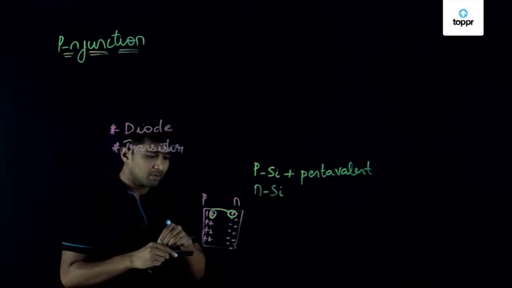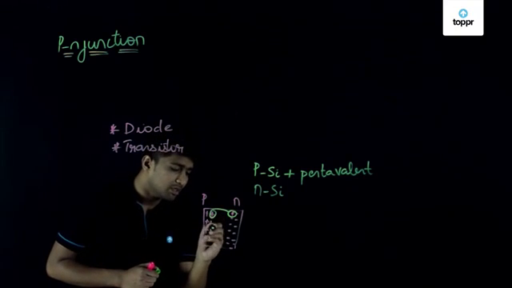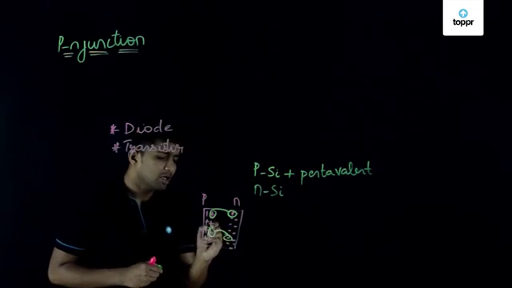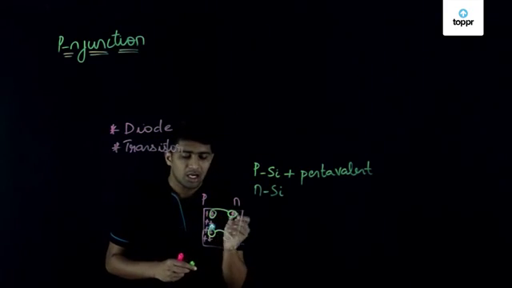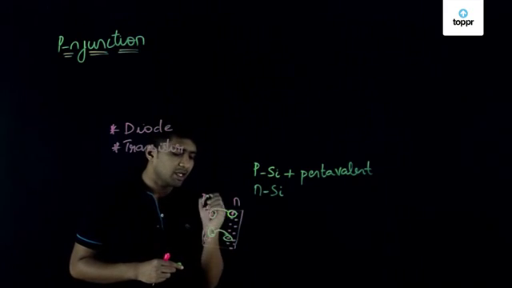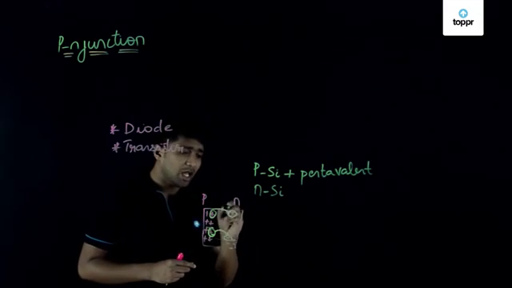When a hole moves towards the n side, it leaves behind an immobile ionized atom which carries a negative charge. So what will happen?